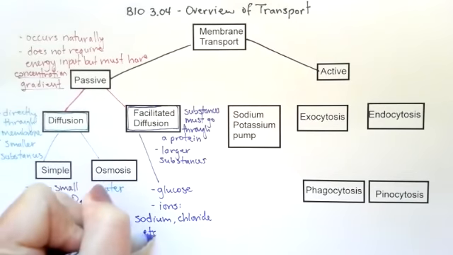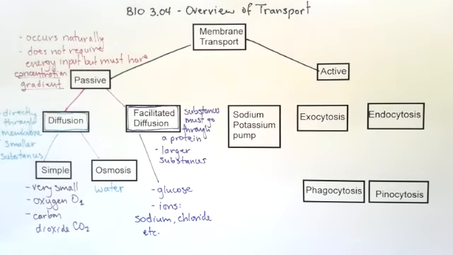There's others. So these are all of our passive transports. We have simple diffusion, the carbon dioxide. You know what we're going to do? We're going to split this up. We're going to do active transport overview before we get into active transport. So we need to do a lesson on osmosis, and we need to do a lesson on facilitated diffusion. So let's just wrap this up here.